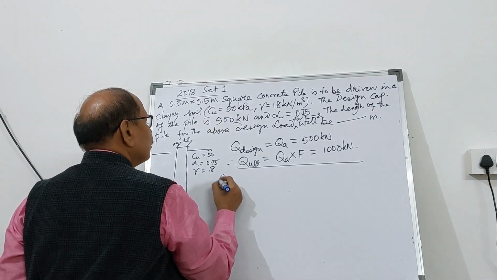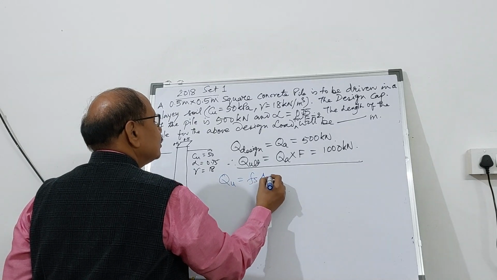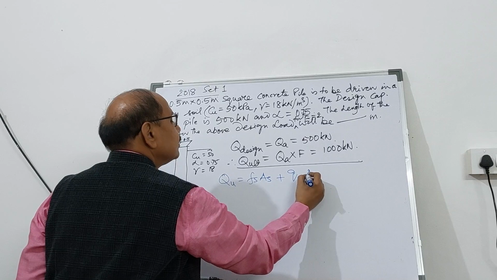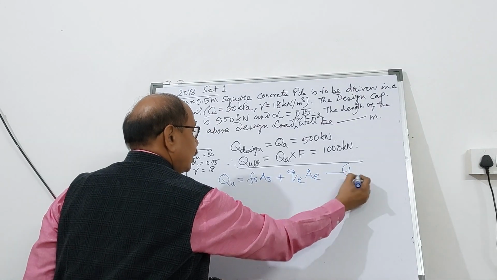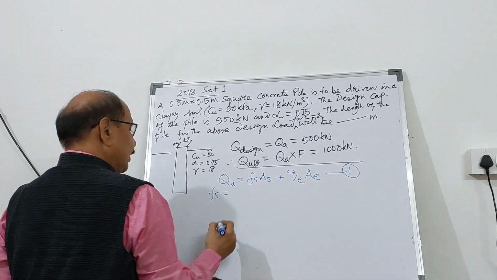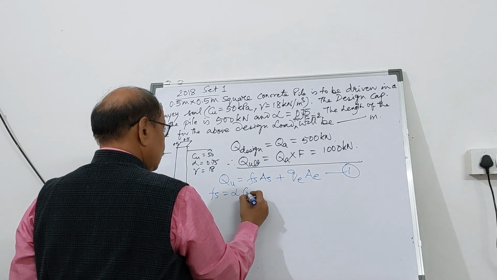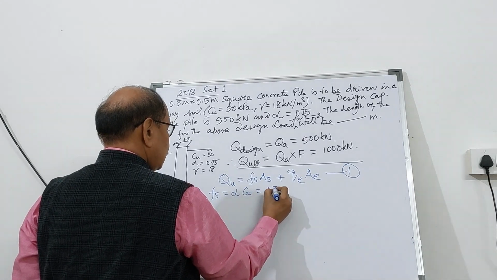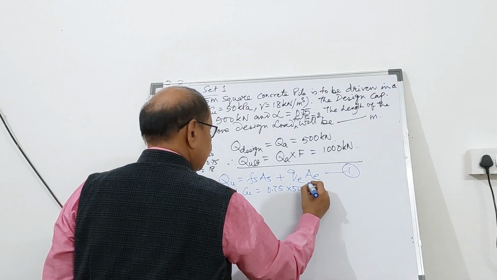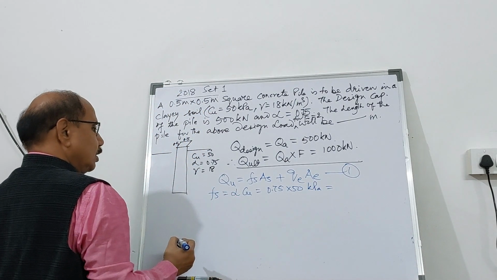So we know the formula, Q ultimate equal to Fs into shaft area, plus unit end bearing into area of the pile at its end. So calculate Fs will be alpha times Cu. So this will be kilopascal. Calculate this.